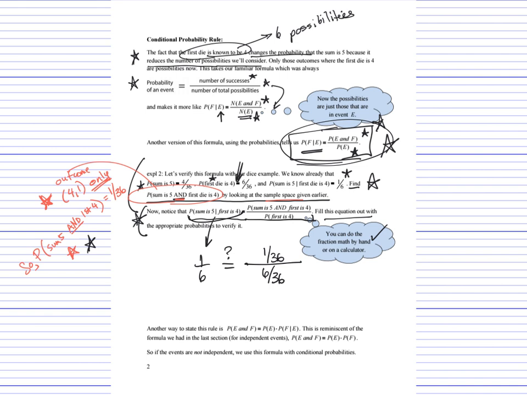Now, what I can do to verify this is simplify the right-hand side and see if it really does equal 1/6. So I'm going to do fraction math by hand. I remember that dividing two fractions is done by taking the first fraction, the top fraction, as is, and then flipping and multiplying the second fraction on.